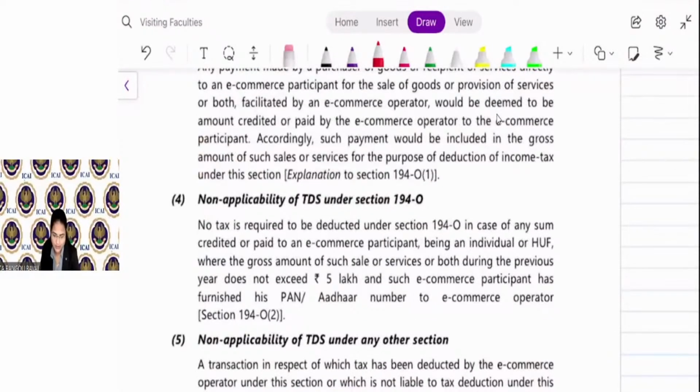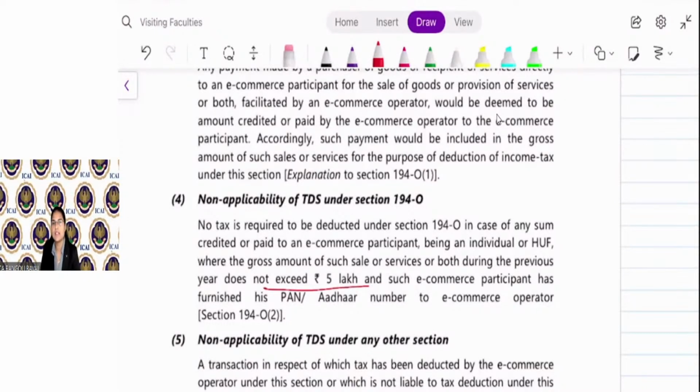Non-applicability of TDS under section 194O. If the gross value of sale of goods or services or both during the previous year of the e-commerce participant is less than 5 lakh, say for example, the total sale made by Redmi through Flipkart is 4,50,000, so it is less than 5 lakh.